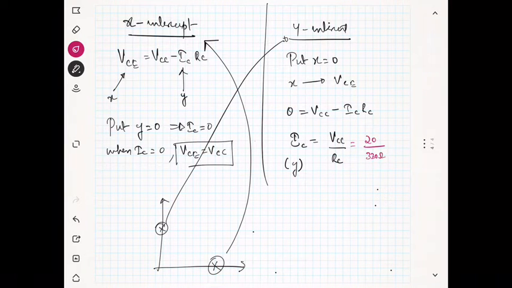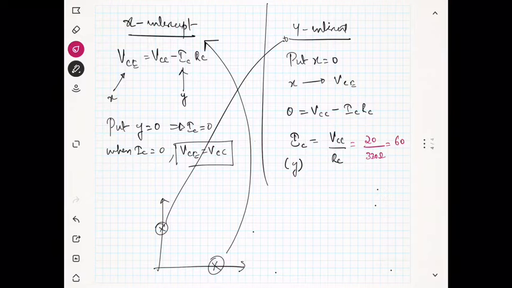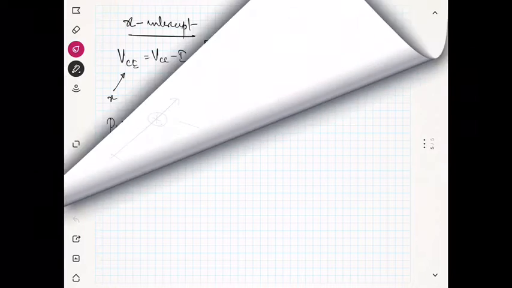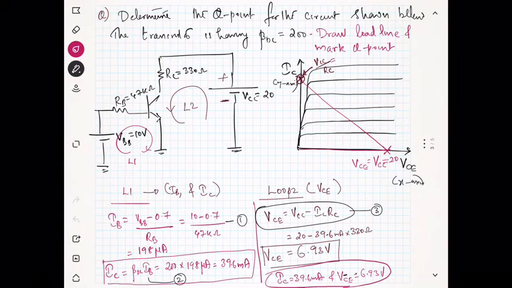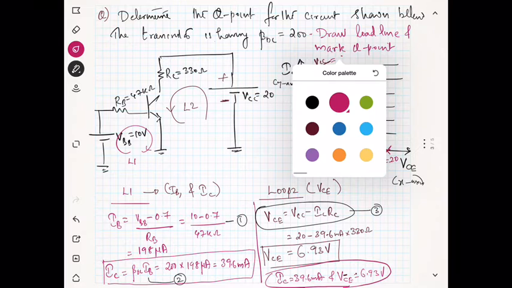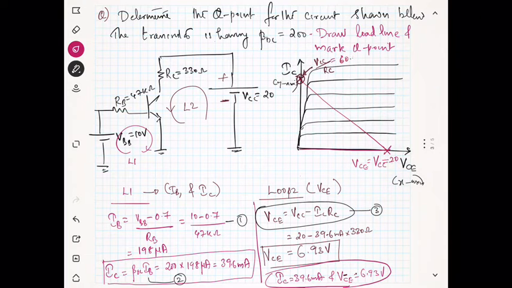RC is 330, that is equal to 60.6 milliampere, and this is nothing but 20 volt, as you know. So you will be getting 60.6 milliampere. Now we have to mark the Q point.